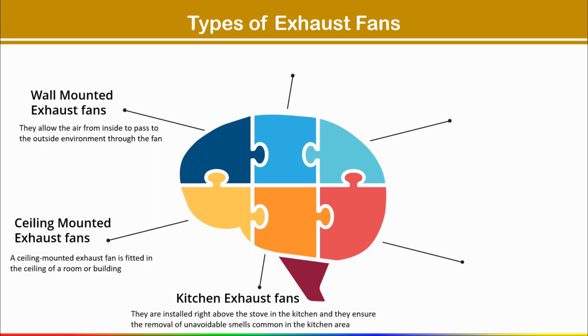After that, next is kitchen exhaust fan. These kitchen exhaust fans are installed right above the stove in the kitchen, and they ensure the removal of avoidable smell common in the kitchen area. Moisture levels are also reduced with kitchen exhaust fan. They are also referred to as kitchen hood exhaust fan.